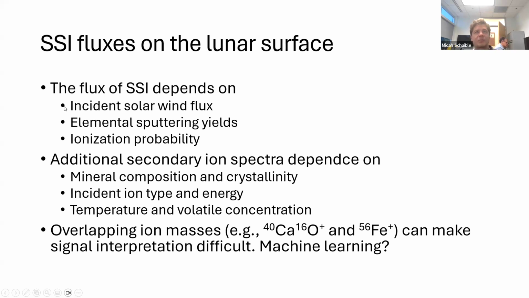This flux is predominantly going to depend on the incident solar wind flux, so how many solar wind ions are available to produce sputtered secondary ions? What are the elemental sputtering yields, so how many sputtered species are produced per incident solar wind ion? And then what is the ionization probability of that element, to determine, of all the sputtered secondaries, including the neutrals and the ions, how many of those are actually ions?